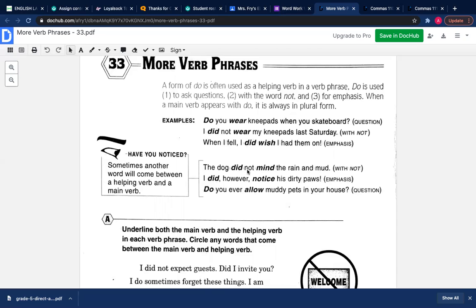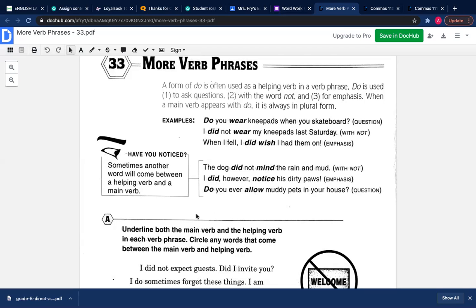That word is like an interrupting word that interrupts this verb phrase. I did, however, notice his dirty paws. This is when it's used to emphasize something. I did notice, that's the emphasis, but we interrupted that verb phrase with the word however. It still makes sense, but your verb phrase is still did notice.